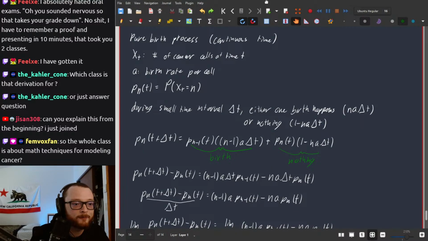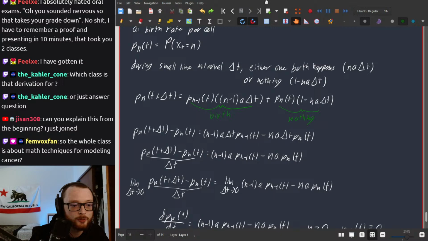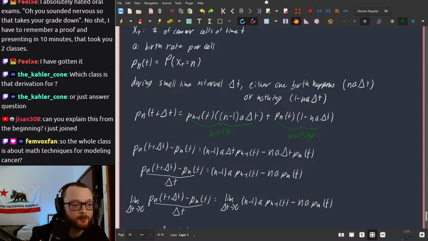And so just by defining a parameter for the birth rate of each cell A, we can derive a differential equation for the probability that there's 0 cells at any time, 1 cell, 2 cells, 3 cells, 4 cells, as many cells as you want.